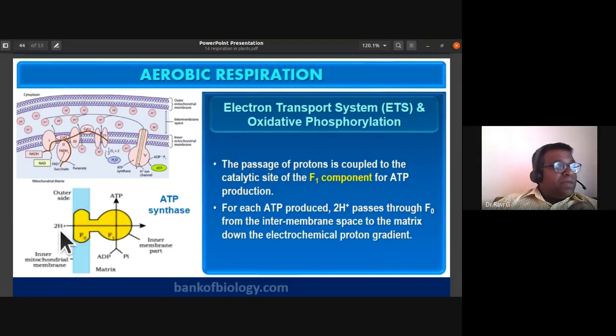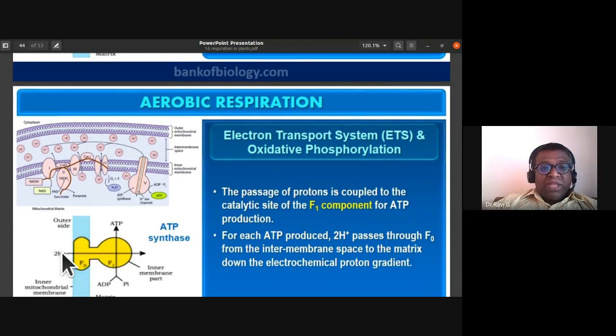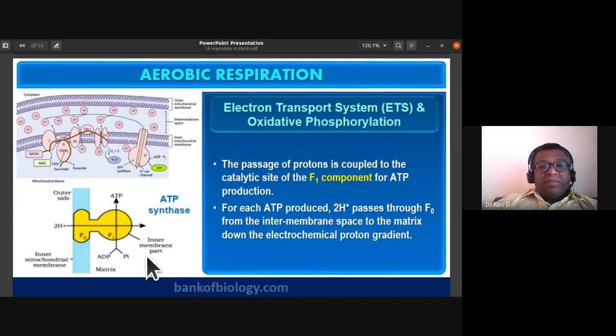You can notice this intermembrane space: from the intermembrane space, down the electrochemical proton gradient, into the matrix.